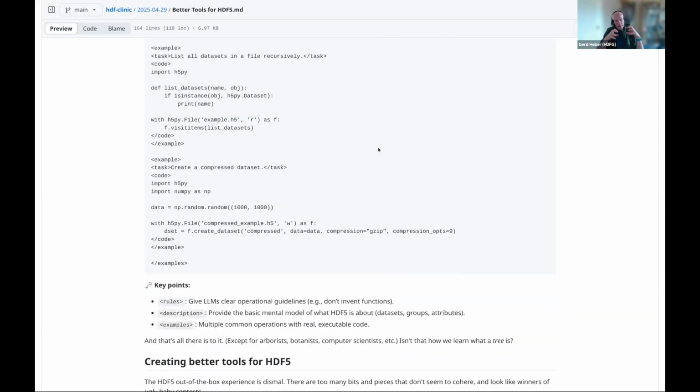So the key points here are really, you want to give the LLM clear operational guidelines. You want to set the terminology that people will use to express what they would like to achieve. And in the case of HDF, at that vanilla HDF level, that would be data sets, groups, and attributes.